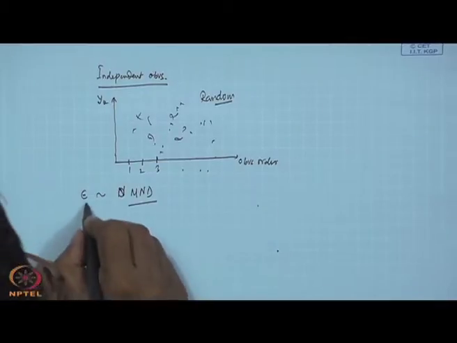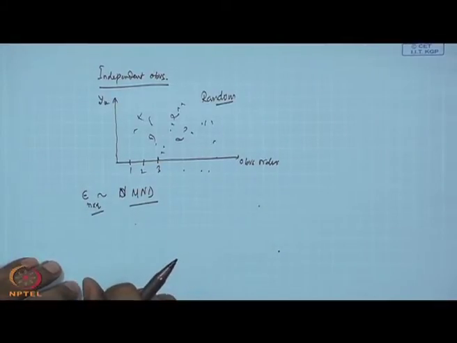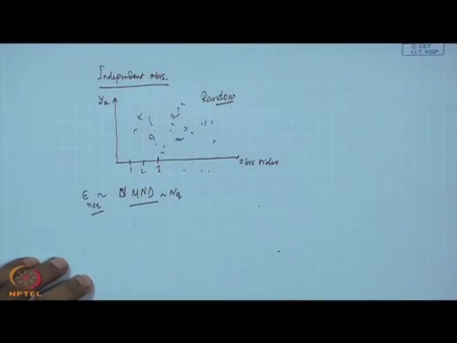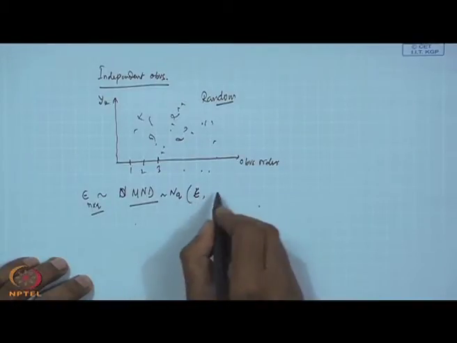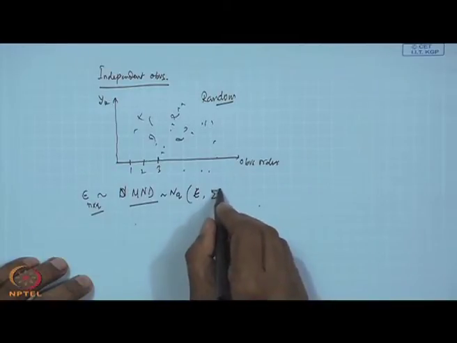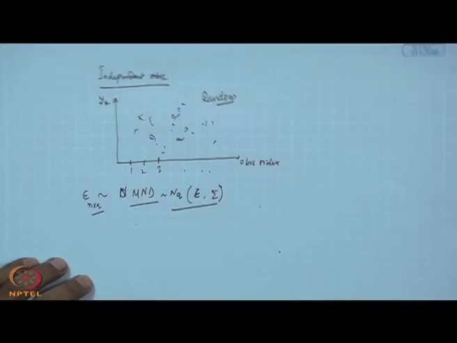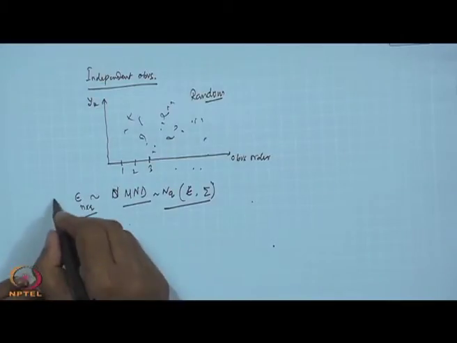We say error is n cross q, so definitely it will be q-variate, that means it will be N q. And you have to find the mean value of epsilon, and you have to find the variance component, what will be the value. So, this you have to find out. Now, this is the multivariate one.